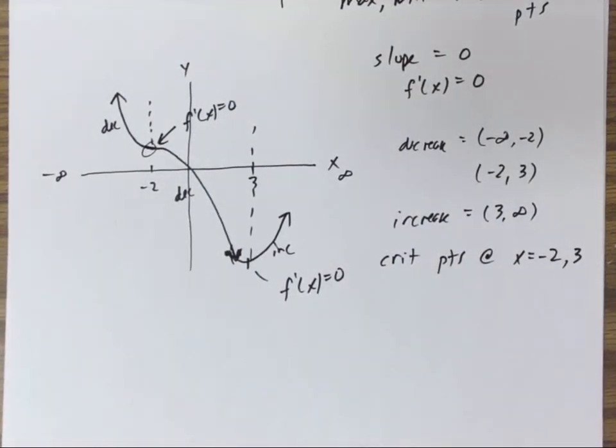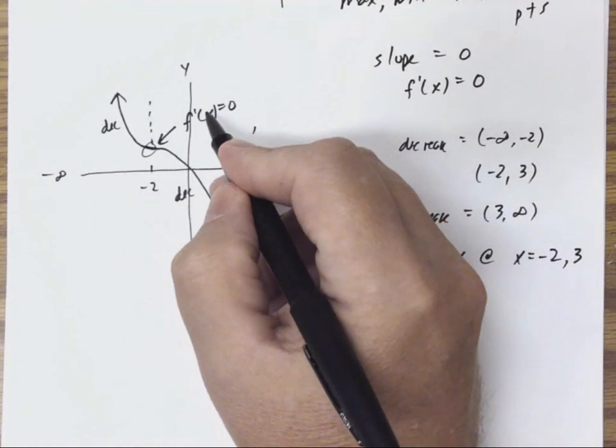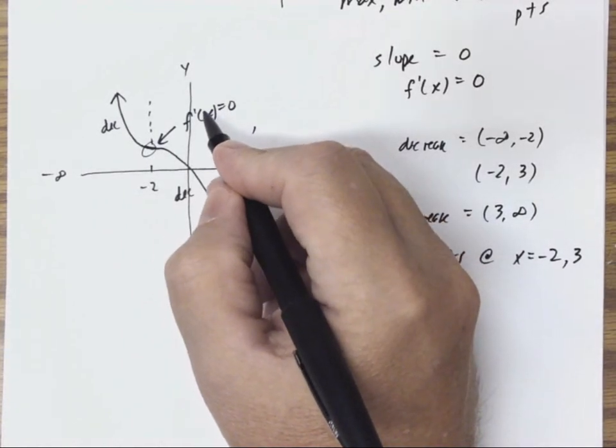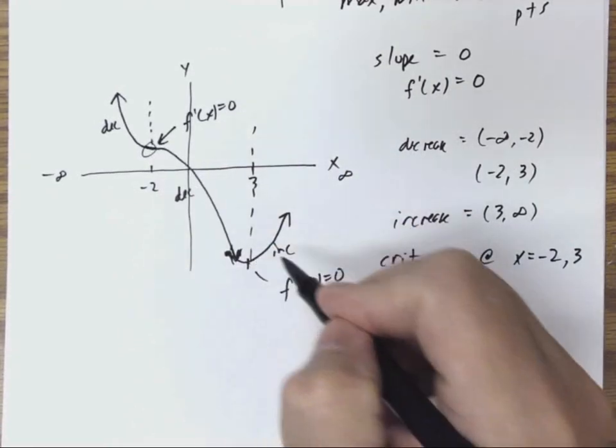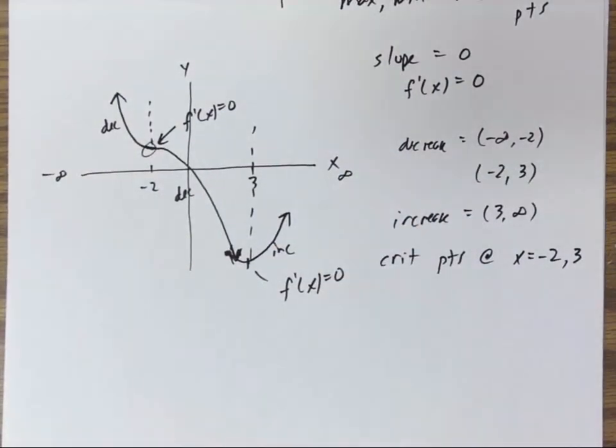So if you were given an equation and you were not given the graph, and you were asked to break it up into regions of increase or decrease, you set the first derivative of the equation equal to 0, and that defines your regions. Then you can figure out what's going on.